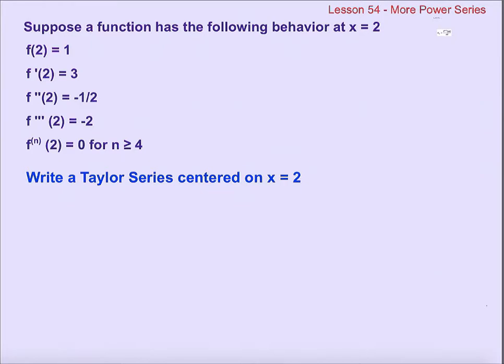Now, in order to do that, what we're going to do is equate derivatives. That's the process we've been doing, saying that we want f of 2 to equal p of 2. Right? Our p is our polynomial. That's our Taylor series.